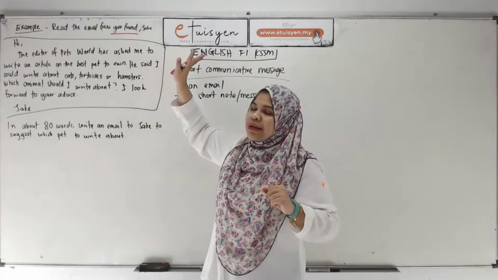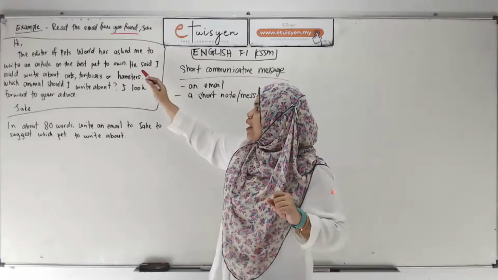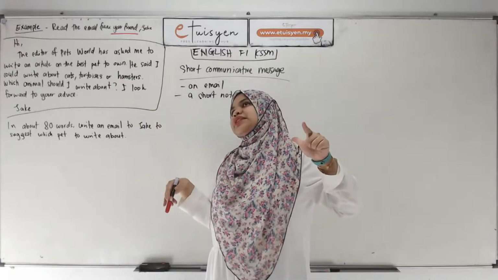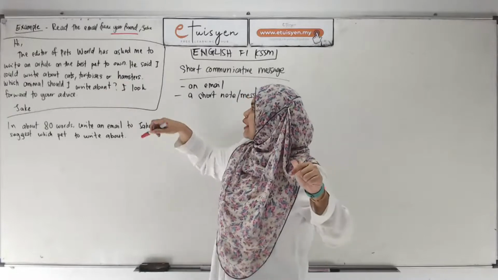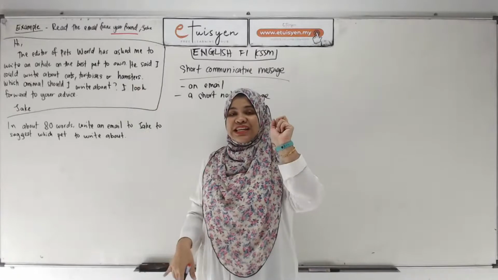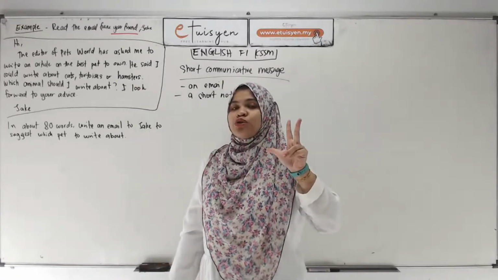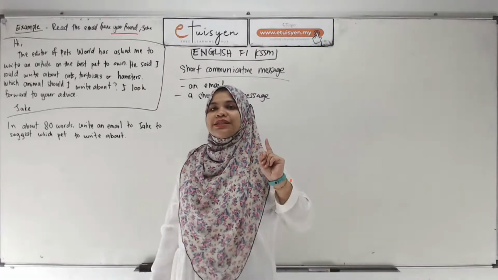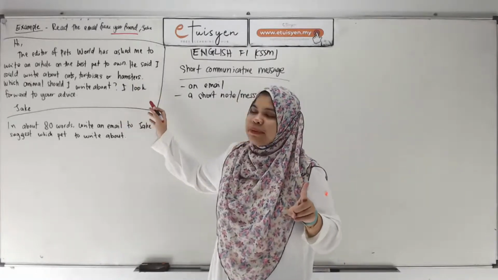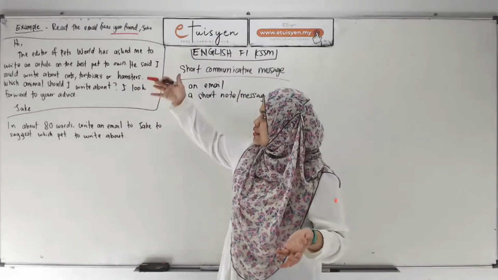Okay, dia cakap saya kena tulis, I could write on kucing, cats, tortoise is what? Kura-kura, okay, and hamsters. Okay, so out of these three, he needs to choose one to be written an article about. Okay, so dia minta kita punya advice. Okay, so that's the email.